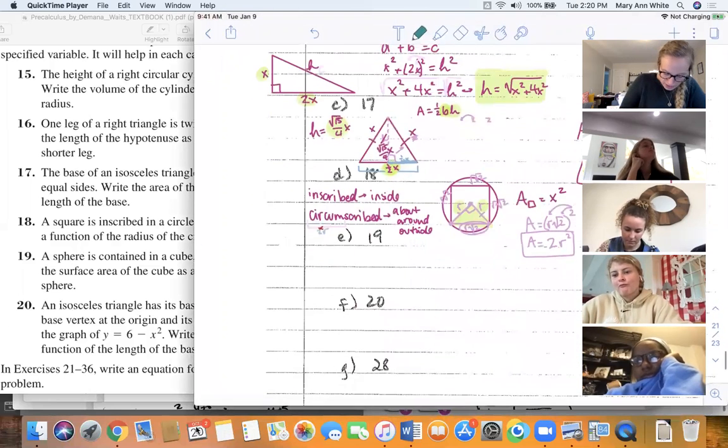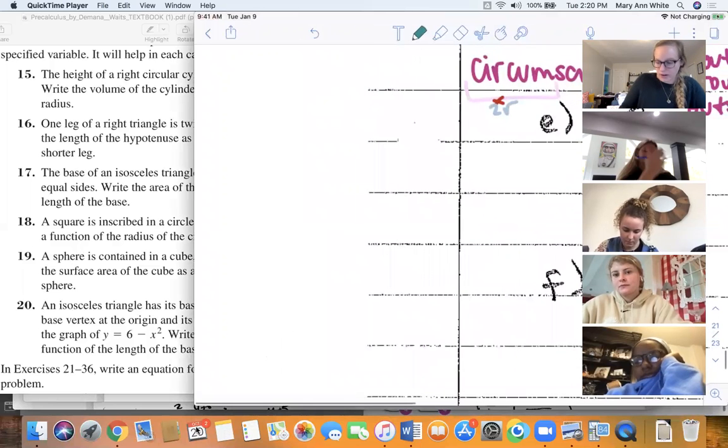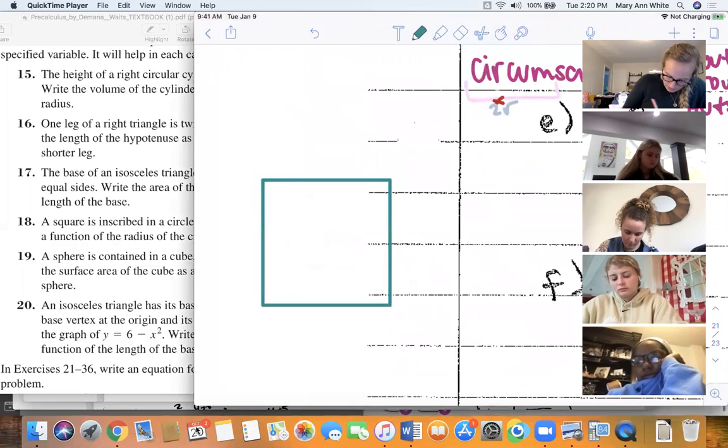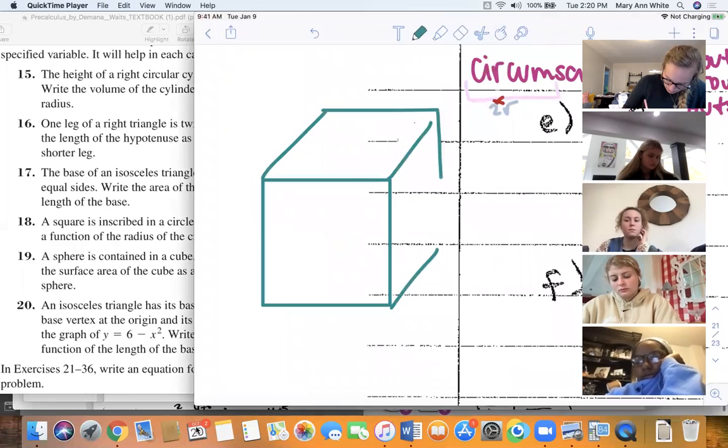Tangent is kind of a calc term, so we won't really get too far into that as pre-calc students, but we do use it occasionally. So I'm going to draw a cube over here as best to my ability, and I'm going to make it as 3D as I can.